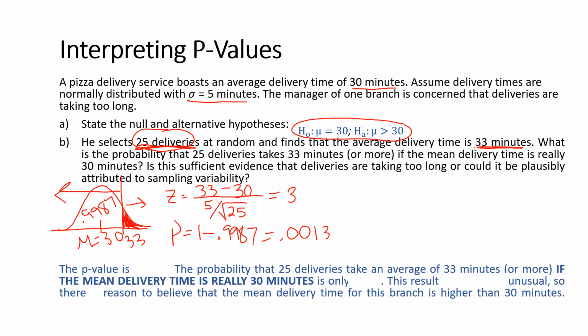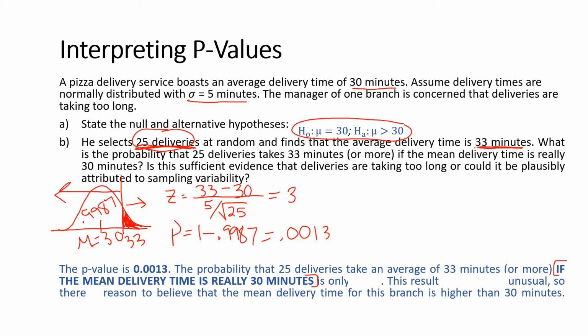So here, our p-value is 0.0013. Now, remember what the p-value represents. It's the probability of getting these results, the probability of getting this evidence if the null hypothesis is true. So notice in bold here, all caps, here's my null hypothesis.